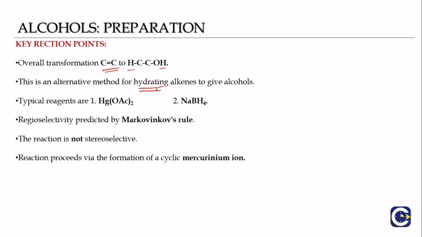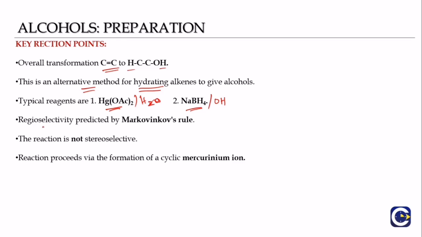The second reaction, hydroboration, was also a hydration, but the technique was different. This is also a hydration reaction, hydrating the double bond, and it is an alternative method to do so. The typical reagents are mercuric acetate, and in the second step sodium borohydride, along with hydroxyl ions and water.